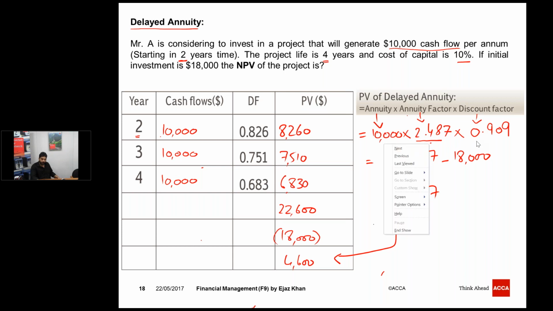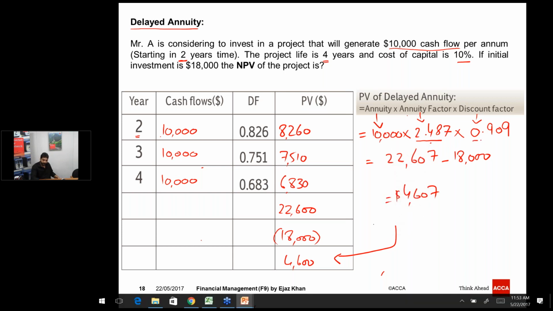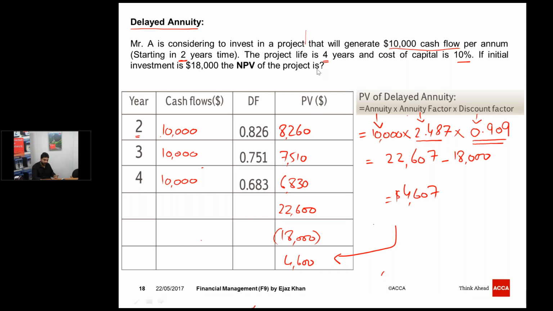And when we'll be picking the discount factor, we need to calculate the delay in years. The normal annuity starts from year 1, and in this case, the annuity is starting from year 2. So there's a 1-year delay. So we'll go to the discount factor table and we'll pick year 1 discount factor.